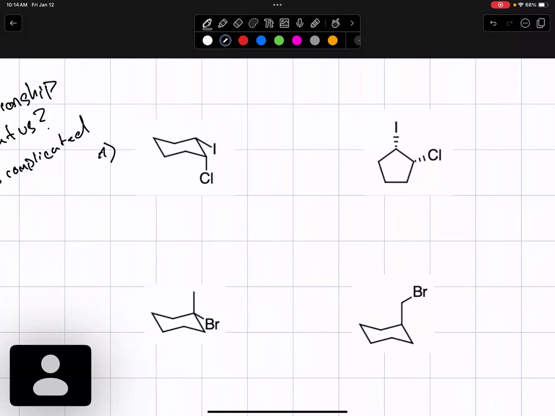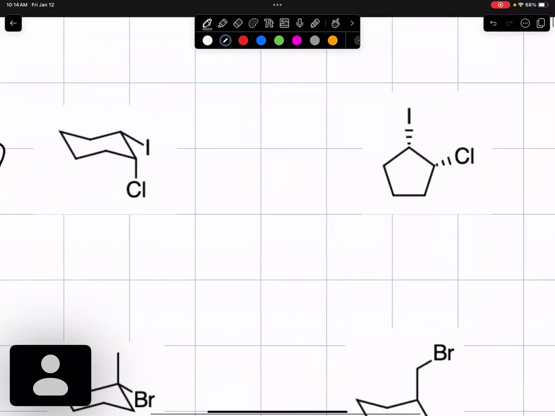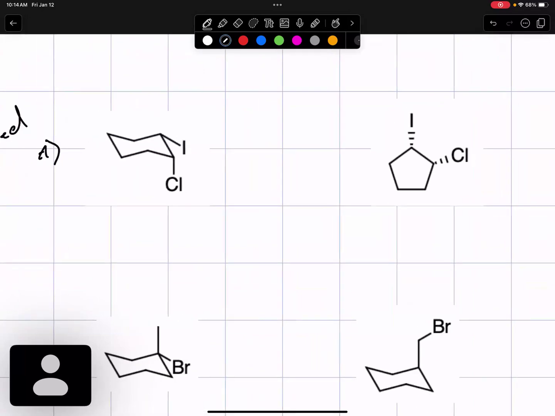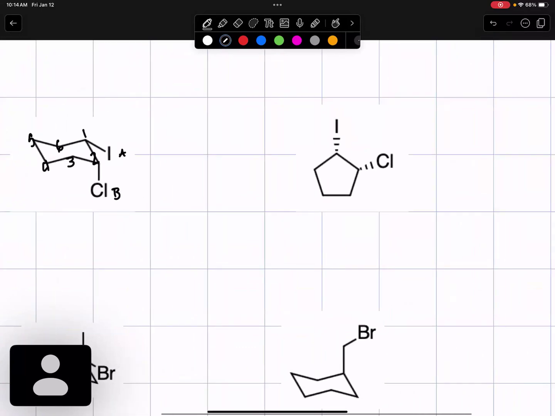Okay, if you're completely lost, the first thing you have to recognize is whether they have the same amount of carbons or the same amount of heteroatoms. So here, how many carbons do we have? 1, 2, 3, 4, 5, 6, and 2 heteroatoms, those heteroatoms being iodine and chlorine. So let's look over here.